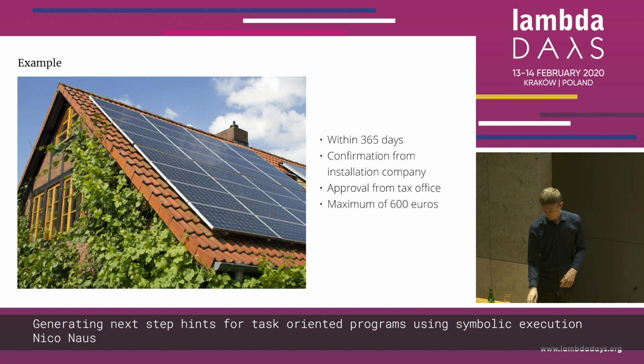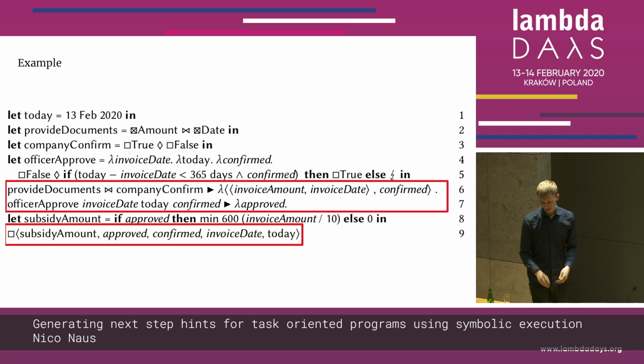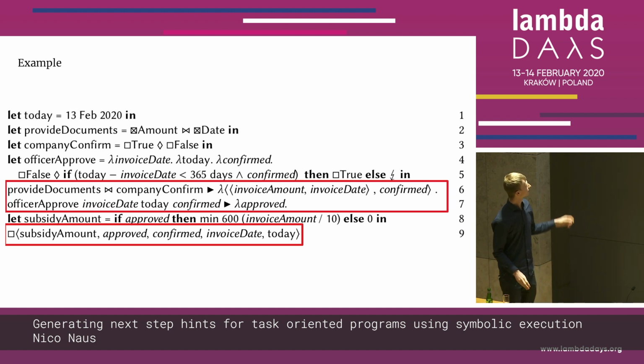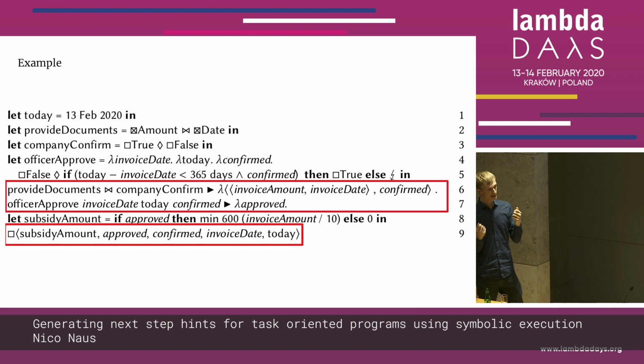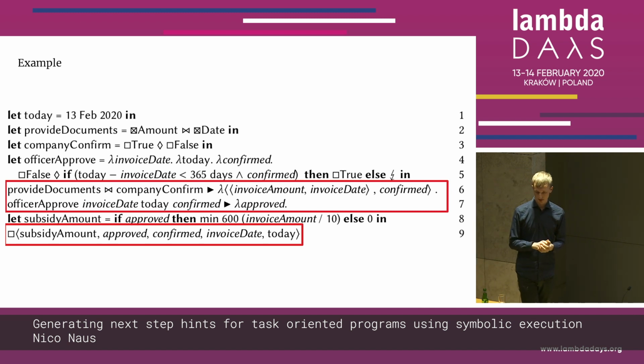And when we implement this in Top Hat, it looks something like this, where here in the red box, we have in parallel the citizen providing documents and the company confirming, and once those two tasks have been completed, we go to the tax officer with that information, and the tax officer can approve or deny this request.